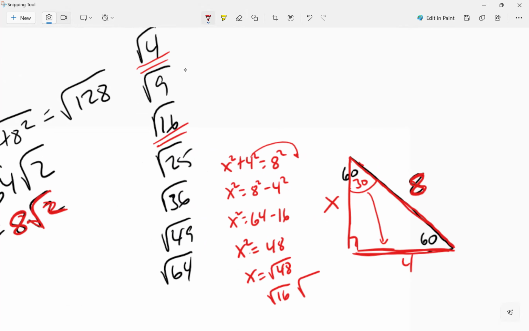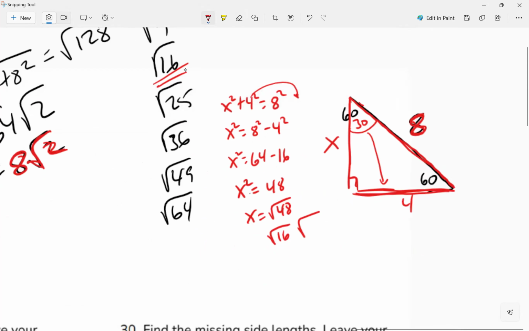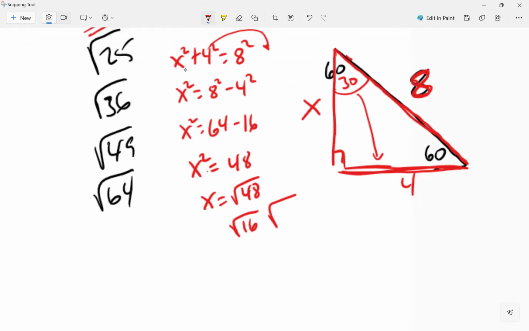I could divide it by 16, not by 25, not by 36. I'm going to divide it by the biggest one that I can. So 16. What's 48 divided by 16? 3. But isn't the square root of 16 equal to 4? So my x is equal to 4 radical 3. So this is 4 radical 3.